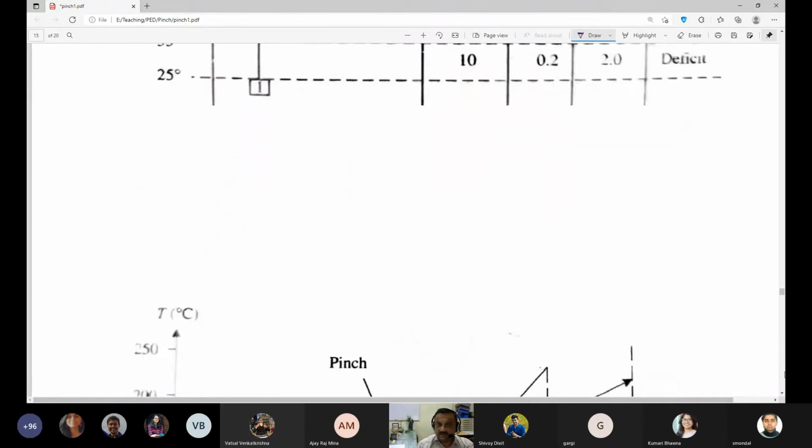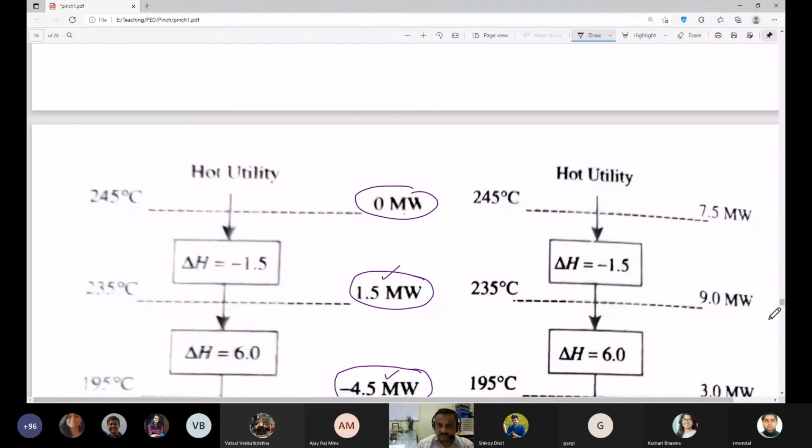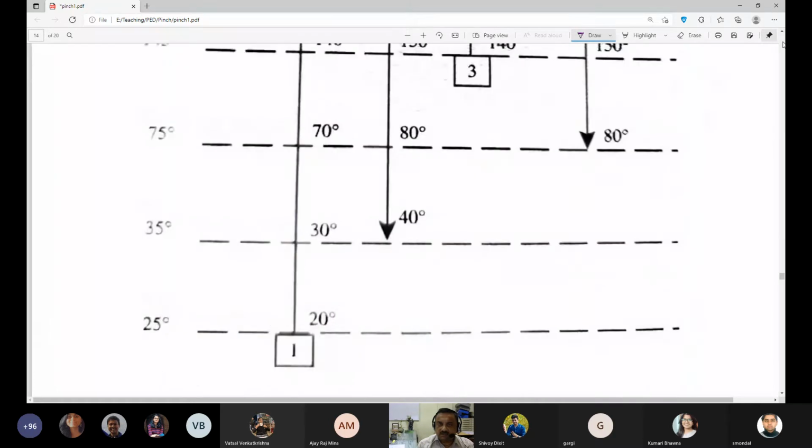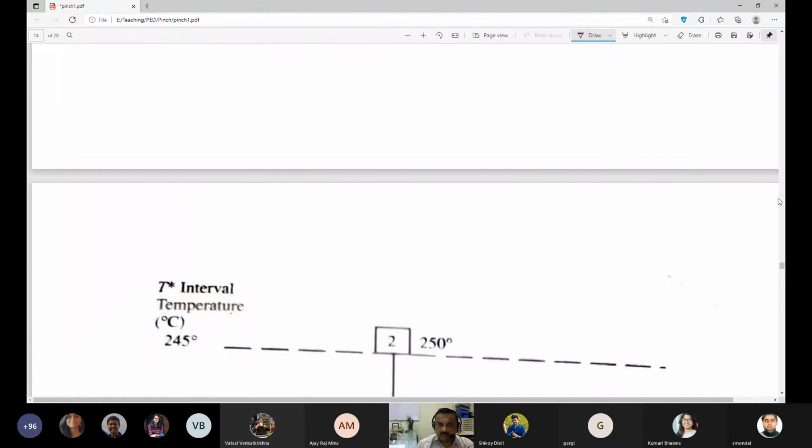So that is going to be the pinch point. You can do that without drawing the composite curve. This entire exercise is done without doing the composite curve. This type of treatment is referred to as the problem table cascade.